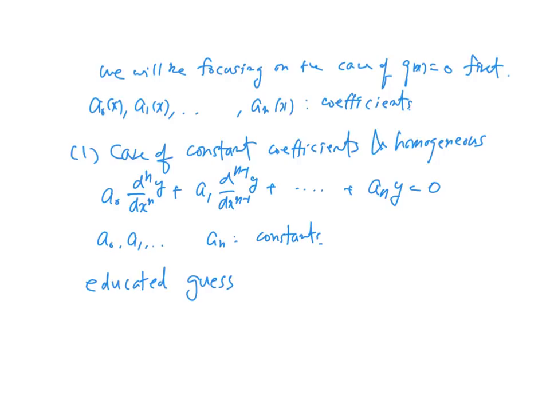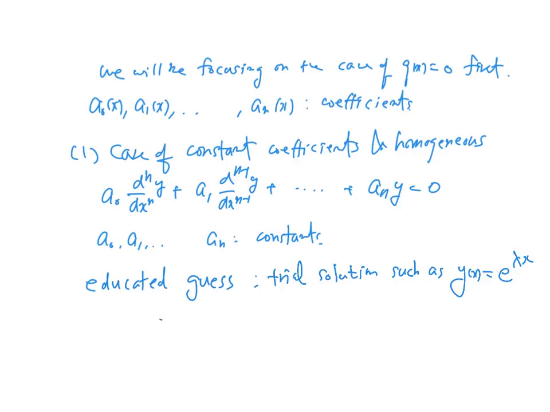So what you can try in this case is a trial solution and see what happens, such as y equals exponential lambda x. So we can try a trial solution of exponential lambda x. 찍어요. Making an educated guess.